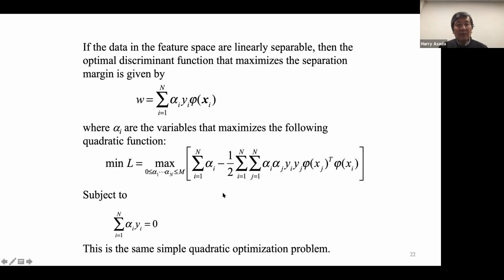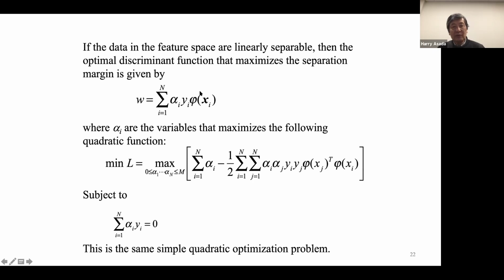So at the end, we find the optimum alpha, and with that alpha, we can write W, the weight, as a function of alpha i, the sample point yi, and the sample point xi transformed to phi.